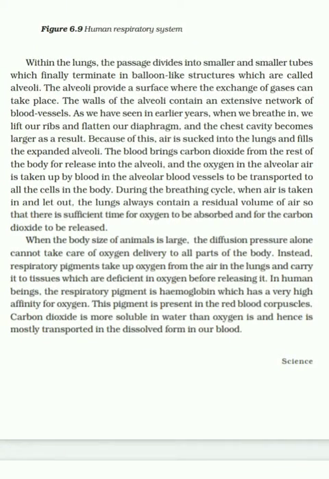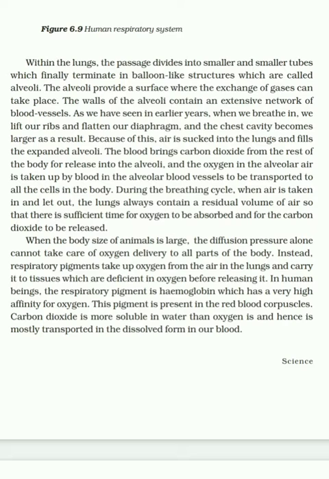So in human beings we have a respiratory pigment. We should be thankful to the hemoglobin that is present in the blood. Do you know that it has a very high affinity for oxygen? Very high affinity for oxygen means the attraction between hemoglobin and oxygen is very high.